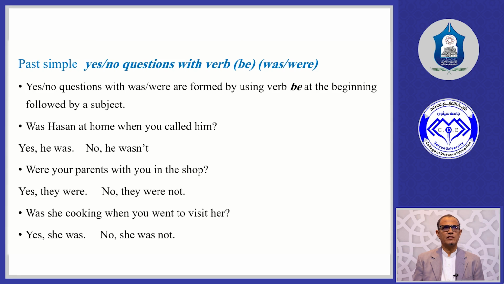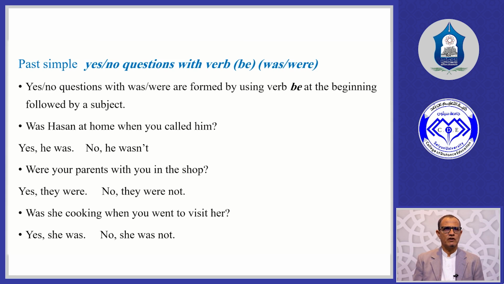And the second point: how do we make questions in the past simple tense? We explained to you how we make sentences in the past simple tense. We said that sentences can be with main verbs, or sometimes they can be with the verb to be.